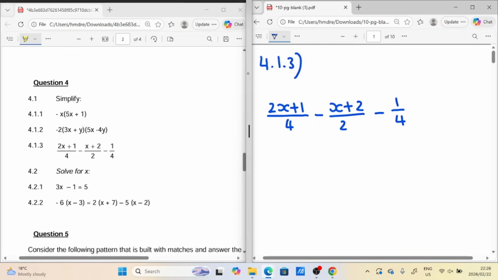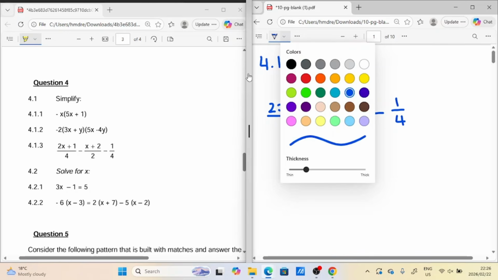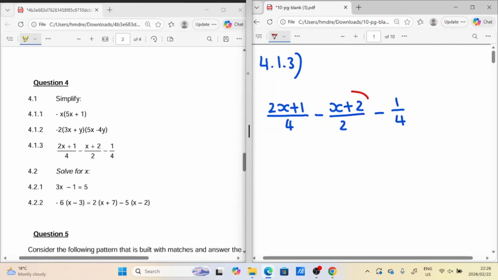Okay, so fractions, whether it's got algebra in it or not, you can't add and subtract unless the base is the same, the denominator. So in this case, we have got 2 with 4s in the bottom, so that's fine. This one in the middle here, we need to convert it to something over 4.